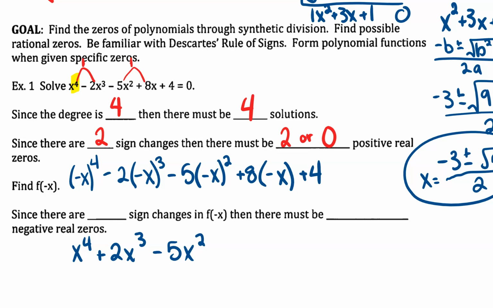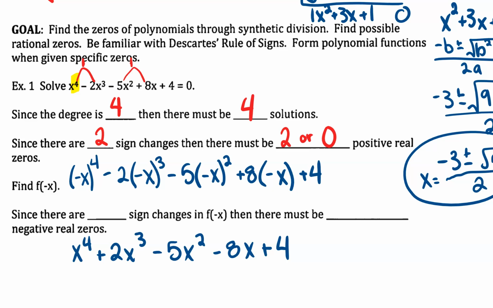Negative x times 8 is negative 8x, and then the positive 4 just stays as is. So what happened here was basically the odd powers went from being negative to becoming positive, or vice versa. The odd powers ended up changing because we plugged a negative in there.